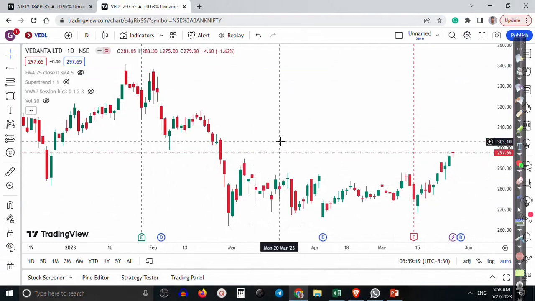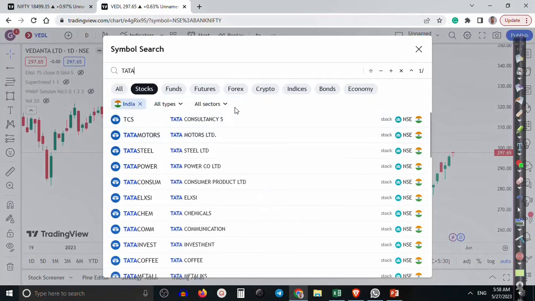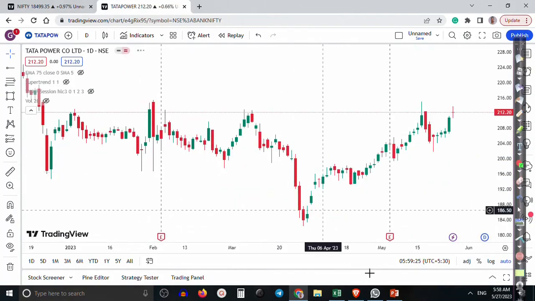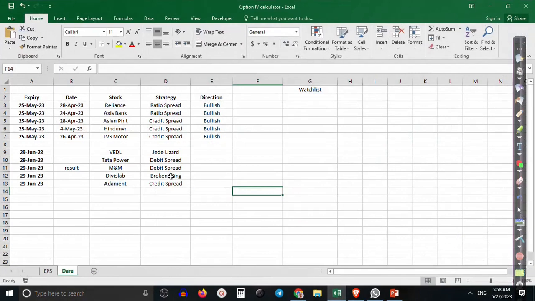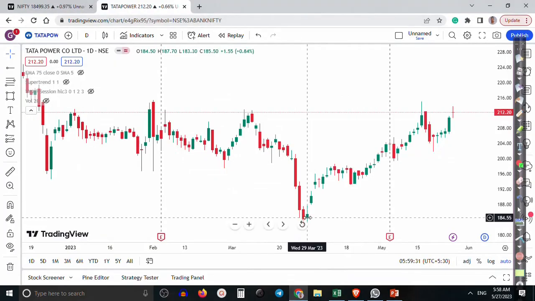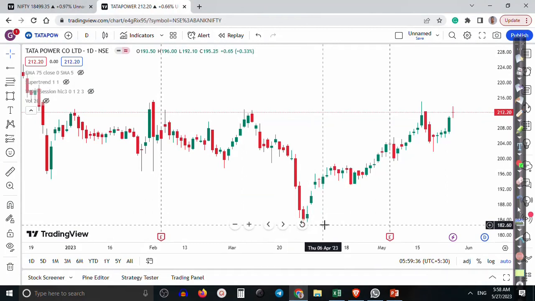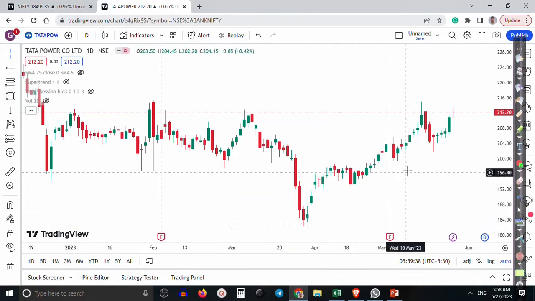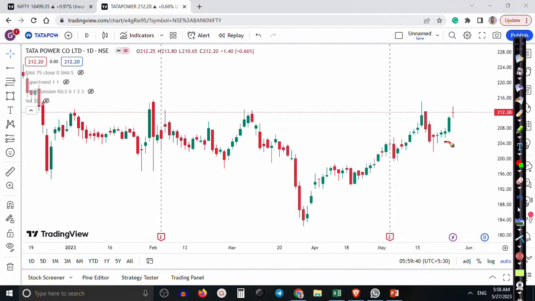Another is Tata Power. Let me show you Tata Power. What strategy? Debit spread. A debit spread means there is low implied volatility, which is why we place it. We are focusing on the buy side. A debit spread means we buy an in the money call and sell an out of the money call.